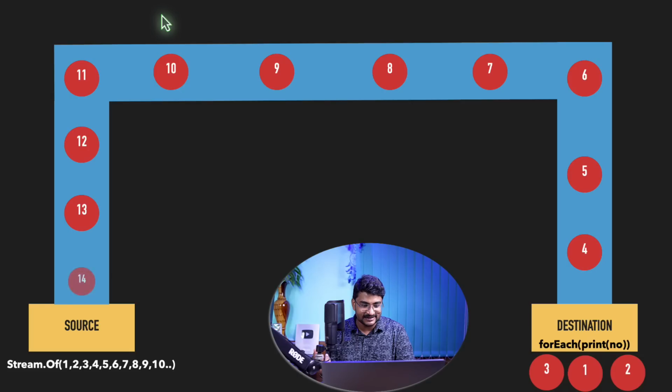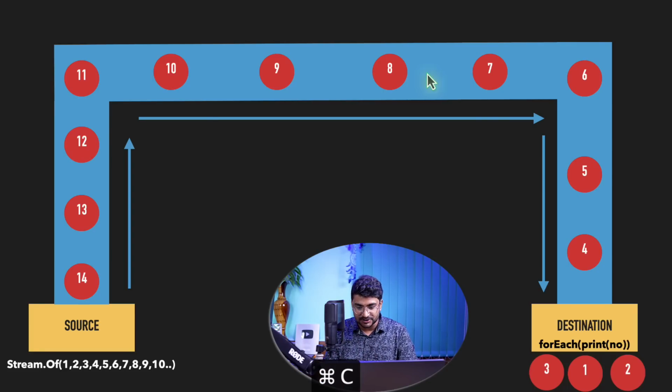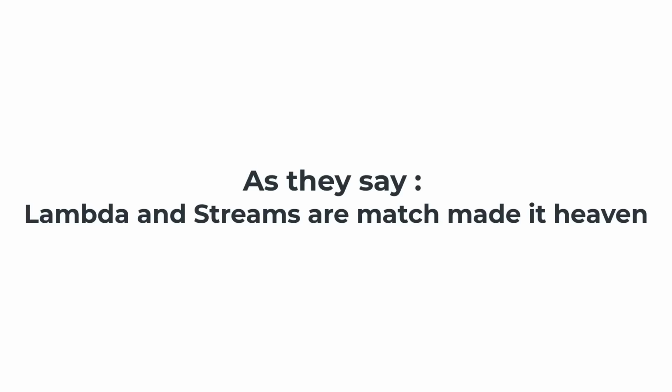Imagine in real time the data will be processed like this. Think of it as a belt where each object is going through the belt, and in the destination, the forEach is consuming each of these numbers and printing it to the console. I hope this makes a little bit of sense. We're going to dig deeper, but just stay tuned.